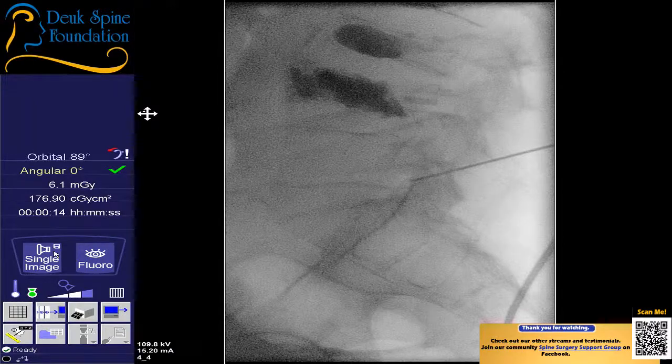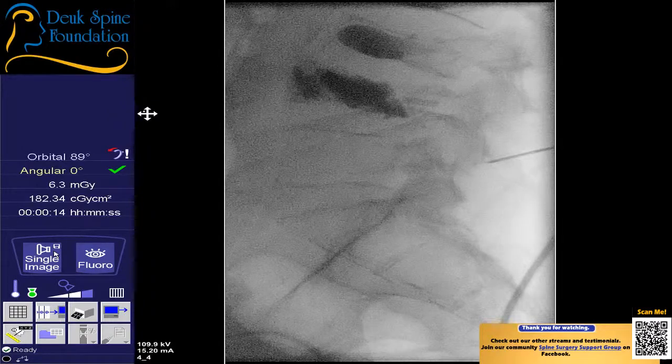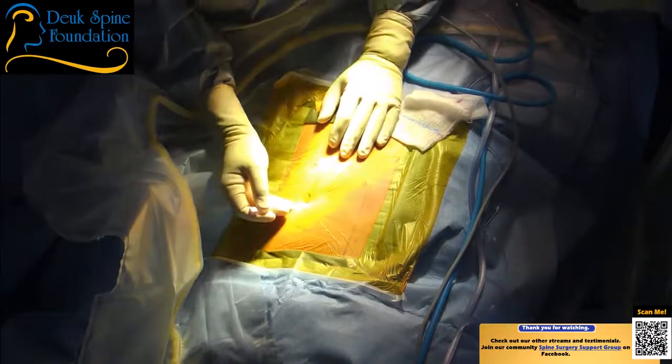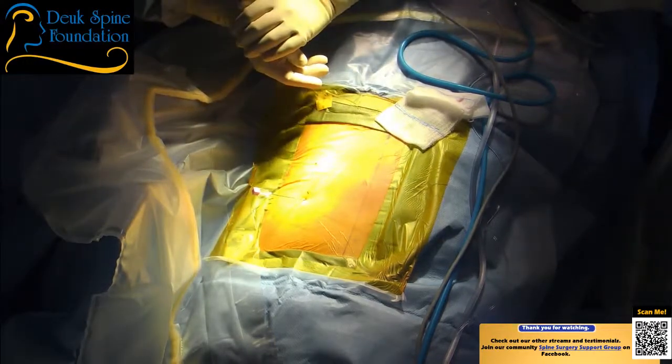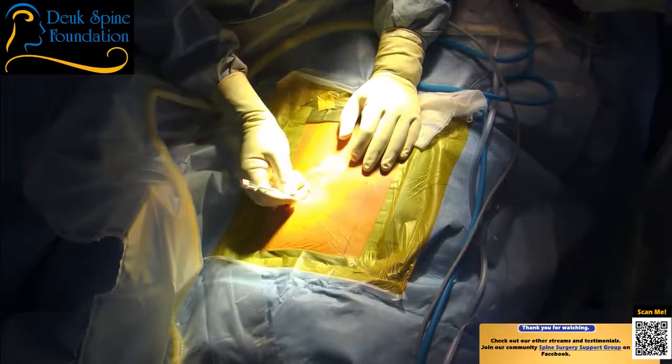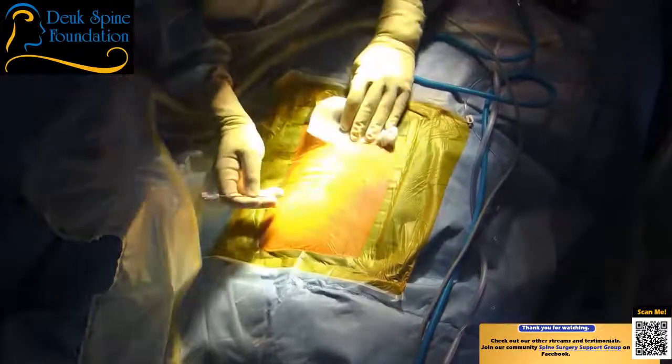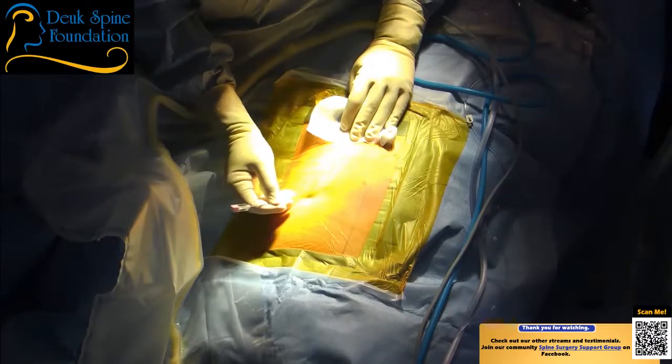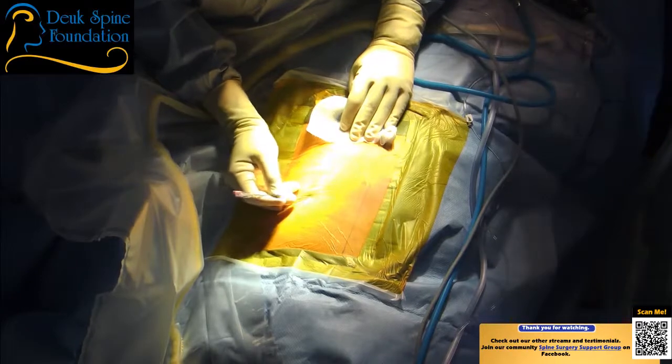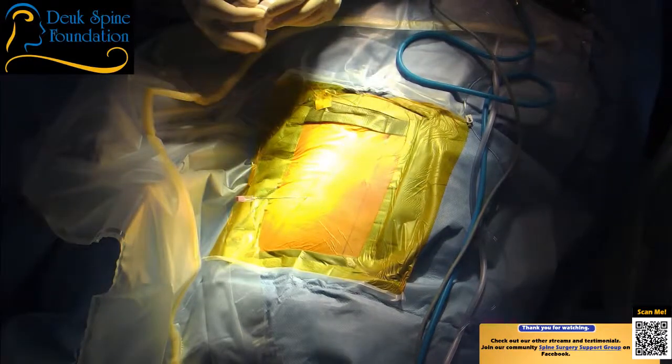Very close. Shot. Shot. Shot. It's hitting the iliac crest.